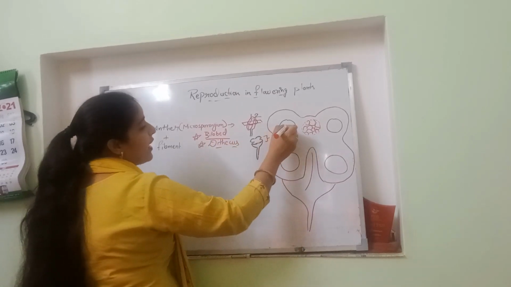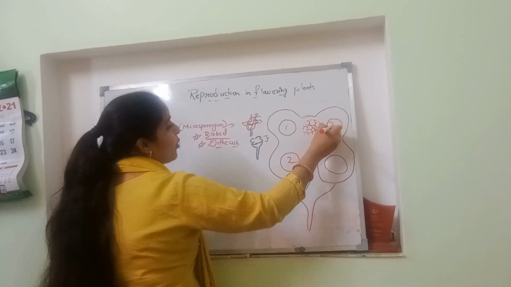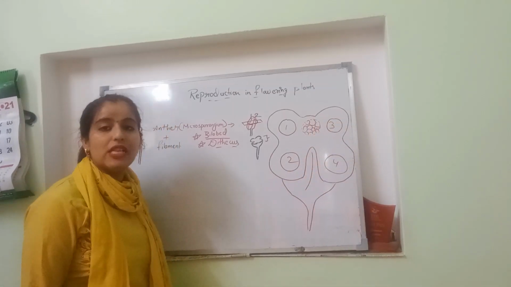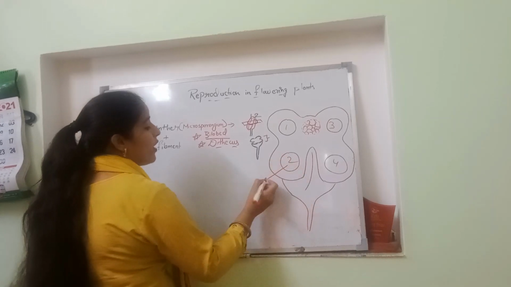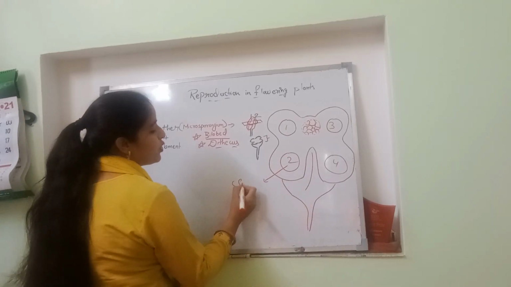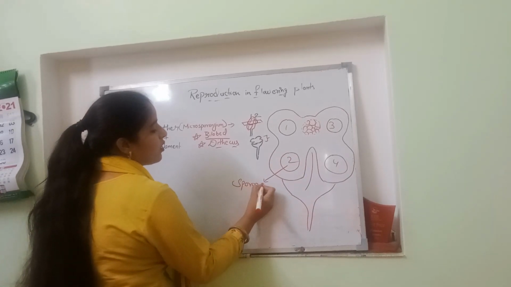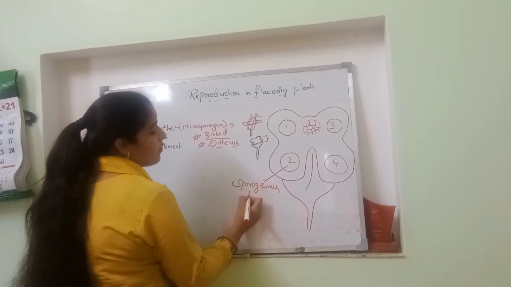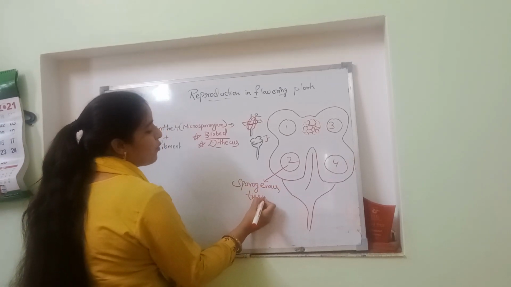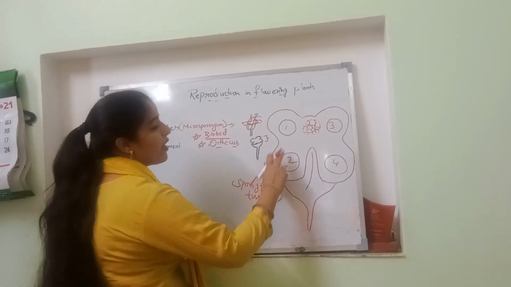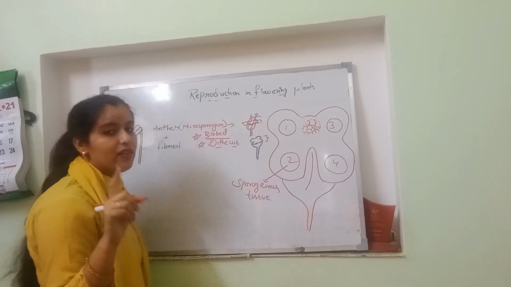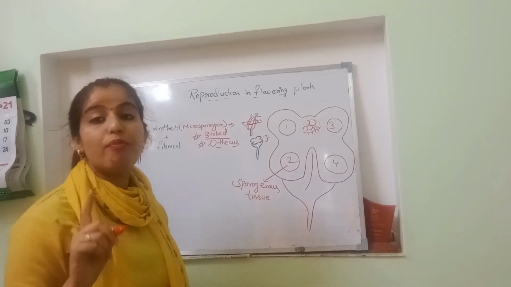Overall, if we see here, it is having 1, 2, 3, 4 such cell layers. These cell layers are known as sporogenous tissues, which are going to be the future pollen grains. So we are having 4 such cell layers which are going to produce the pollen grains.